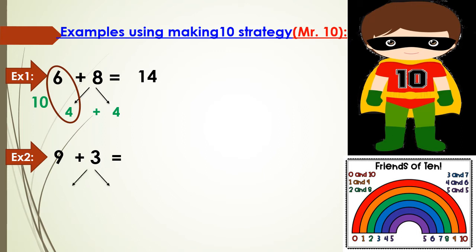So 3 can be 1 plus 2. 9 will take 1 from 3 to be Mr. 10. Okay, so 9 plus 1 equals 10. And don't forget 2. So 10 plus 2 equals 12.